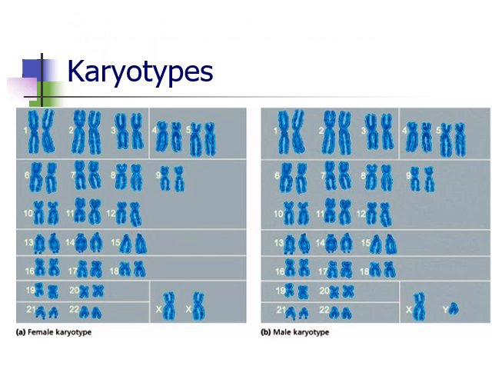Here is a picture of a karyotype, which we reviewed a little bit earlier this year. Remember, a karyotype shows all of the chromosomes of an individual. On the left, we have a karyotype of a female. We know that because when we look at the chromosomes, this person has 2 X chromosomes down to the bottom right of that chart.